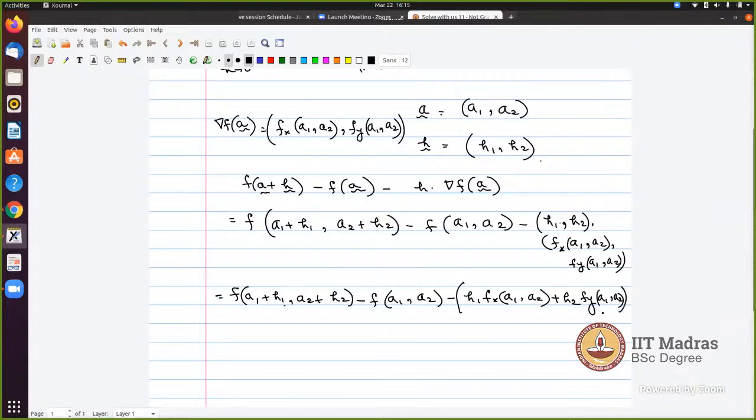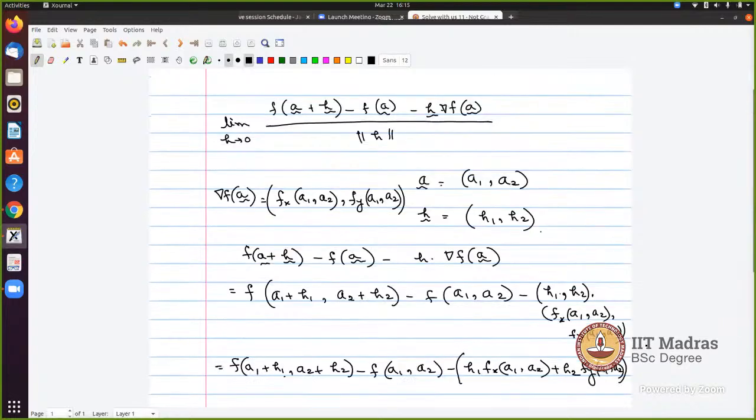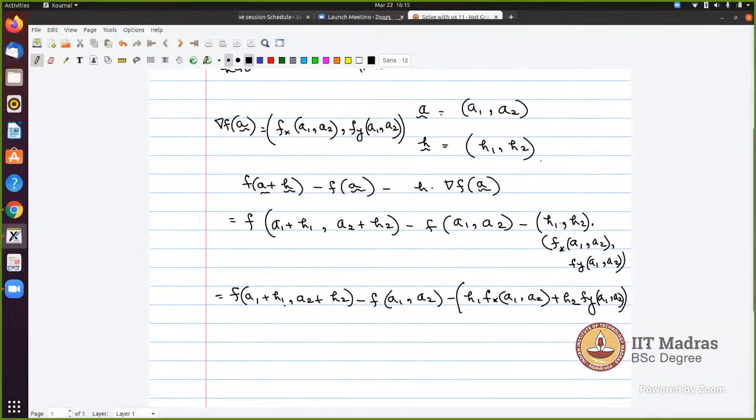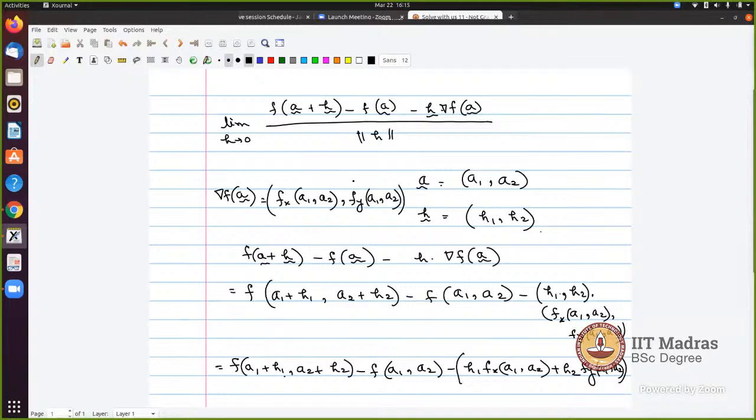This is the numerator. Is it clear to everyone? At least what I have done till now, is it clear? Yes, sir. Okay. So Pritam, can you use this now? Yes, sir, to show. Here (a1, a2) is (0, 0).